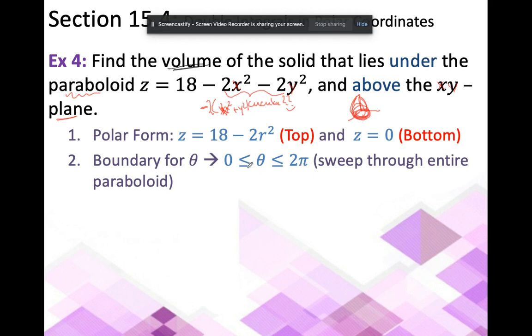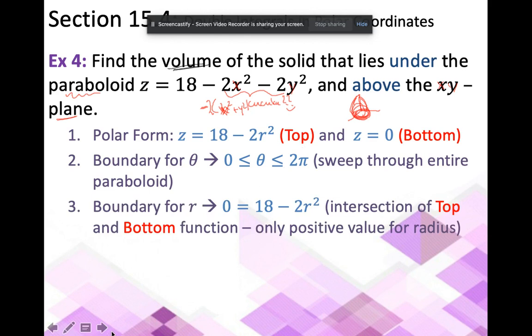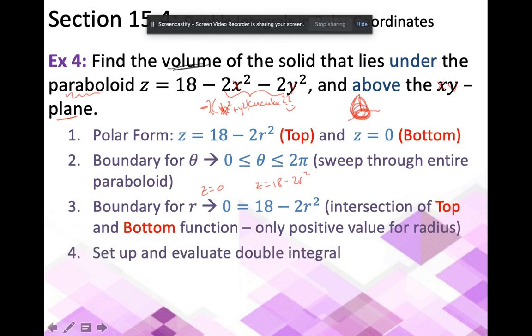But down on the xy plane, I want to get the whole 0 to 2 pi. My boundary is the intersection of the top and bottom. So I'm setting the surfaces equal: z is equal to 0, and z is equal to 18 minus 2r squared, equal to one another, and solving for r.